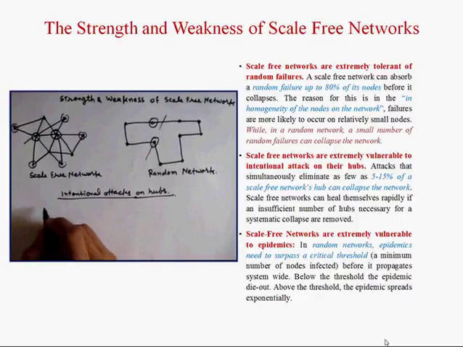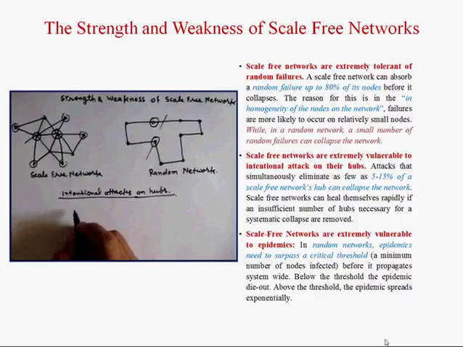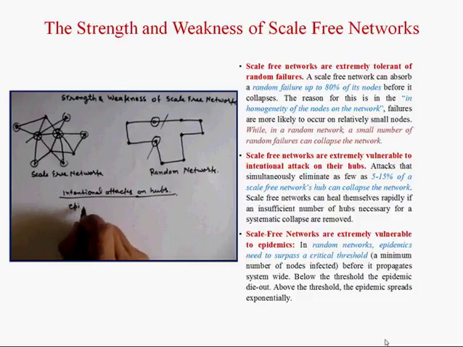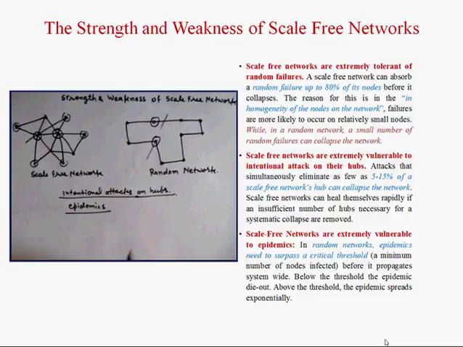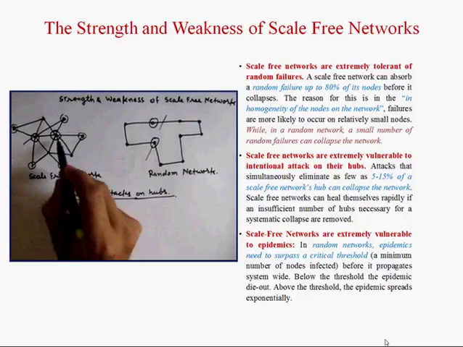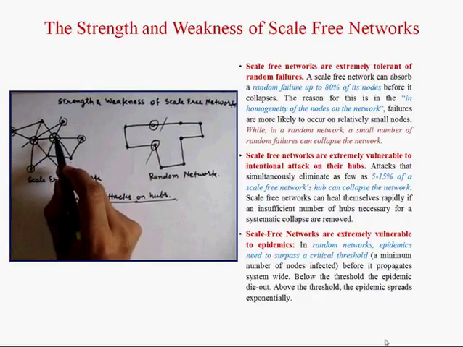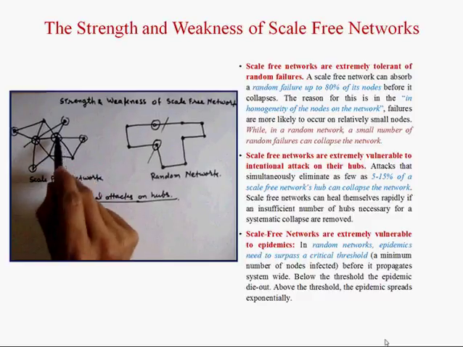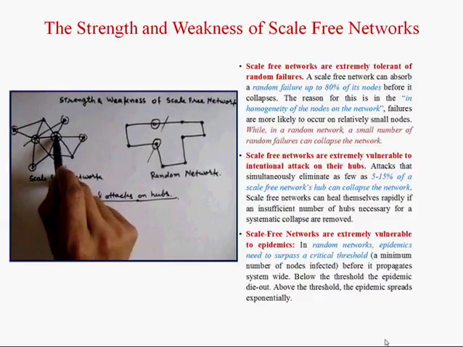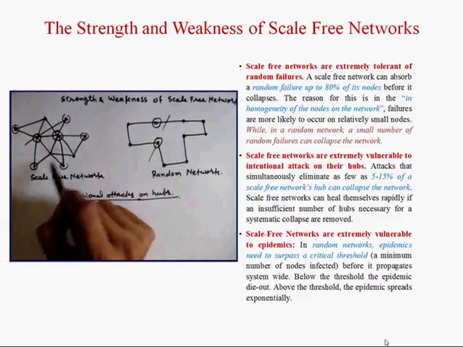Now, another thing is that scale-free networks are extremely vulnerable to epidemics. For example, suppose we plant a virus or any epidemic attack with this node, then we can easily reach most of the nodes very quickly.